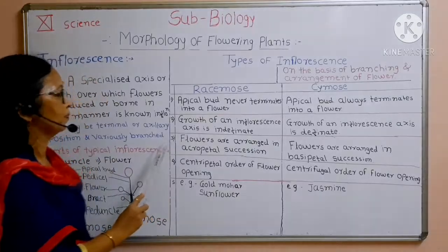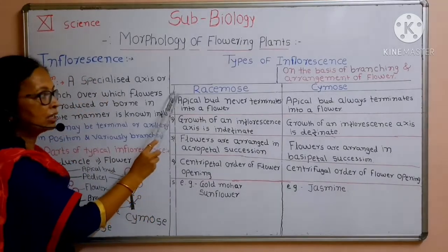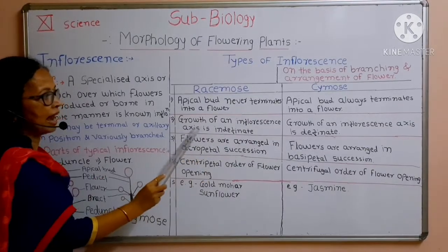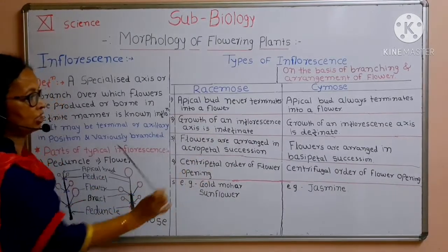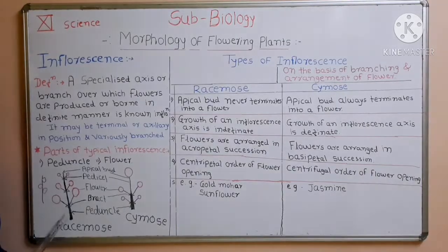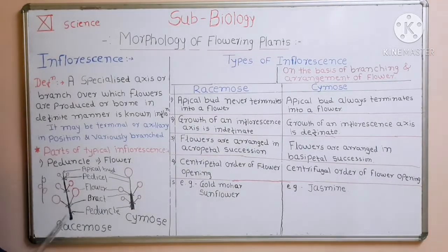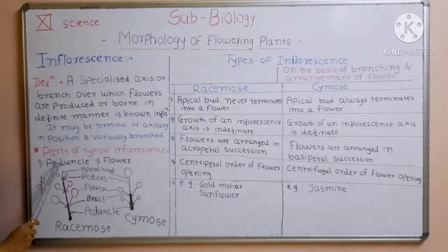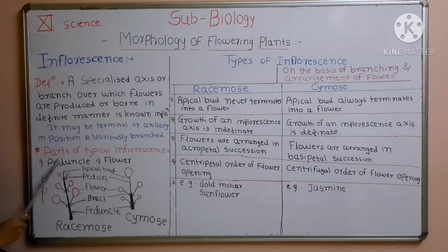The first point: in racemose, the growth of the inflorescence axis is indefinite. See here, in a racemose the growth of the inflorescence axis or the peduncle is indefinite, meaning it is continuous.